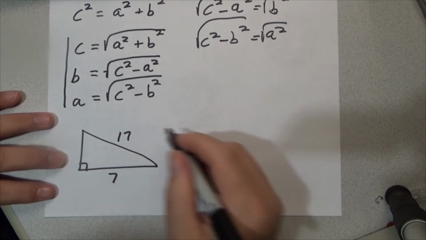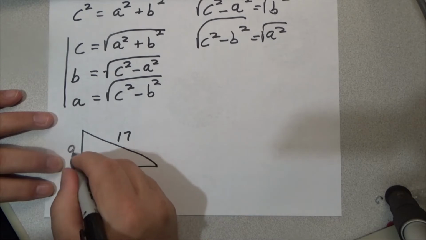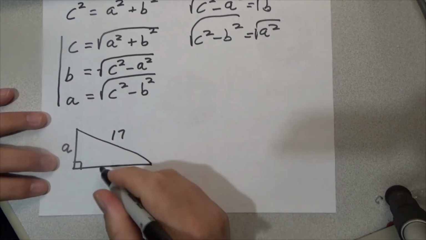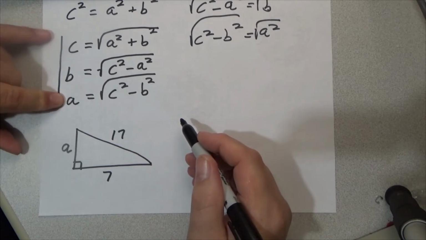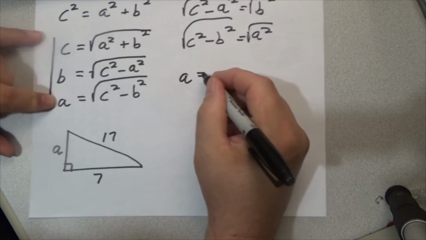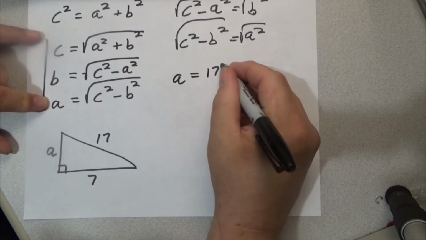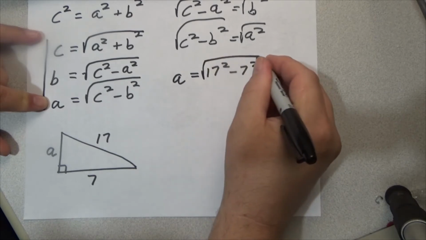I like 7s. And then this we'll call A, really doesn't matter, but I'm going to be consistent with what I'm doing. So we're looking for this one right here. All right? So A is equal to the square root of 17 squared minus 7 squared.